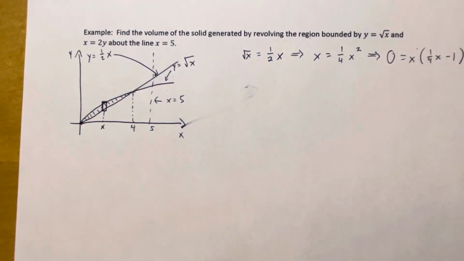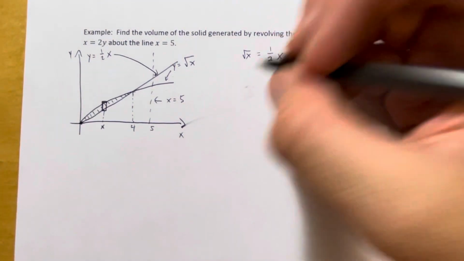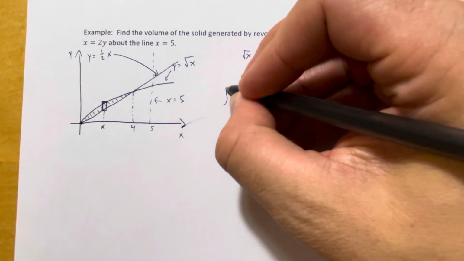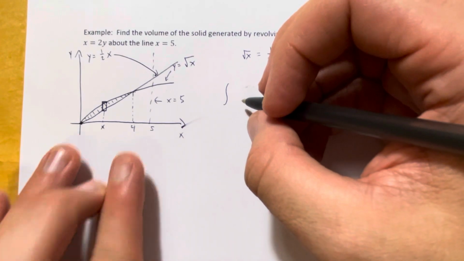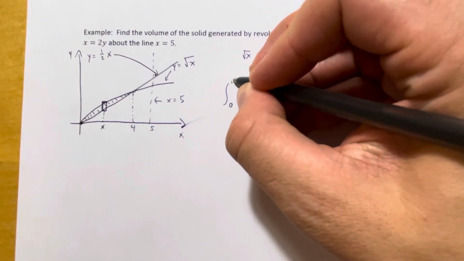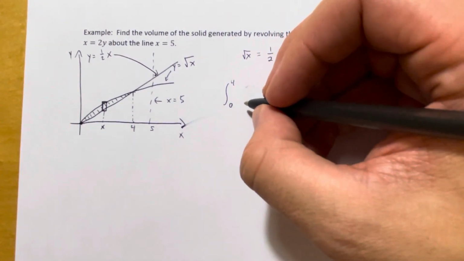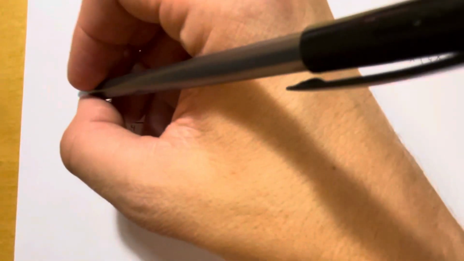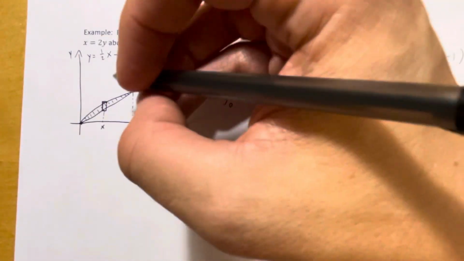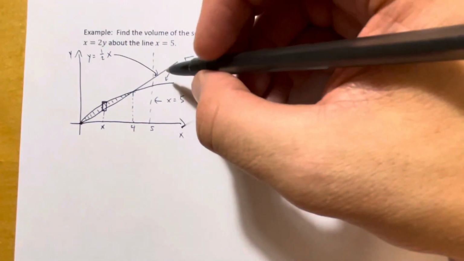Okay? So hopefully now you can kind of see where our setup is going. Remember, what we need in our definite integral is a few things. We need our limits of integration, which is this interval right here, the interval from 0 to 4. Then I need circumference. So how do I find my circumference? Well, first, I'm going to need to know the radius of the cylindrical shell.